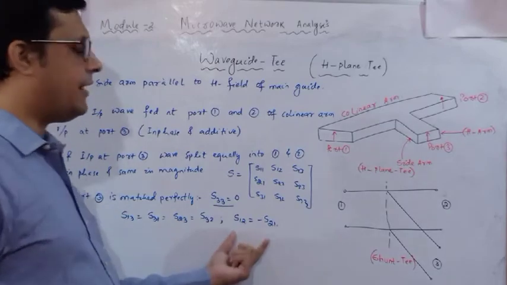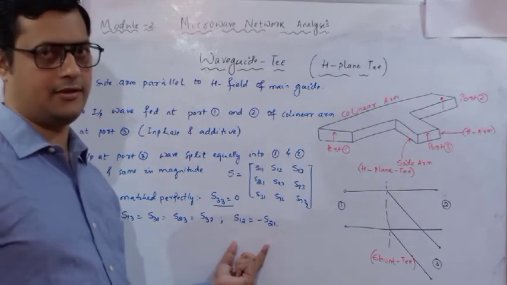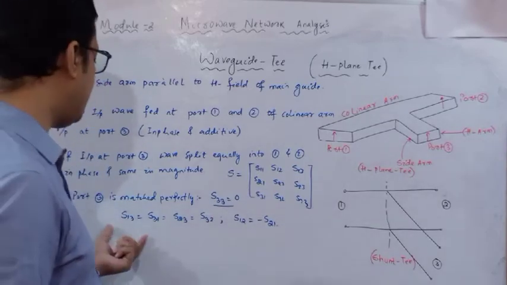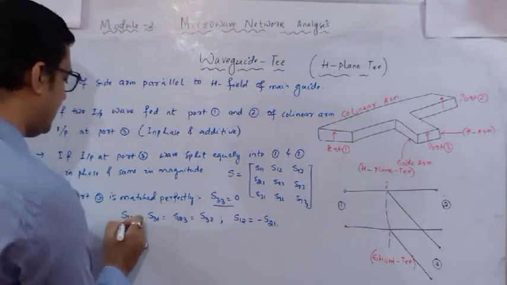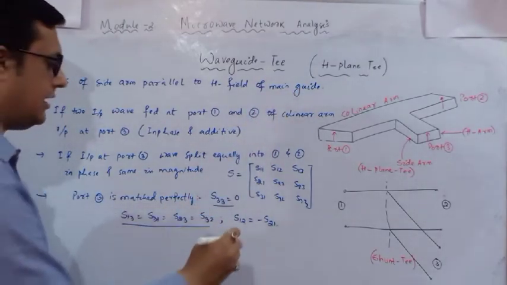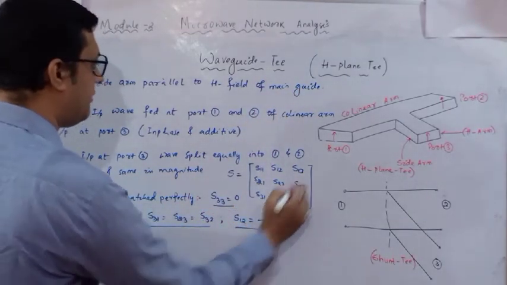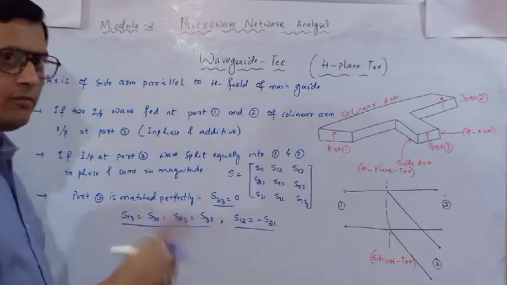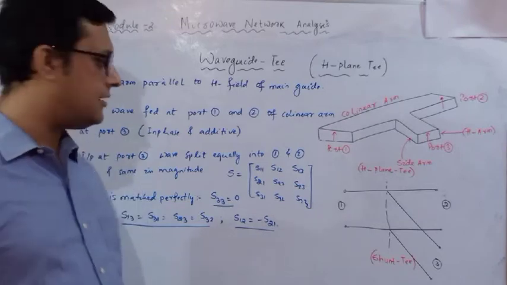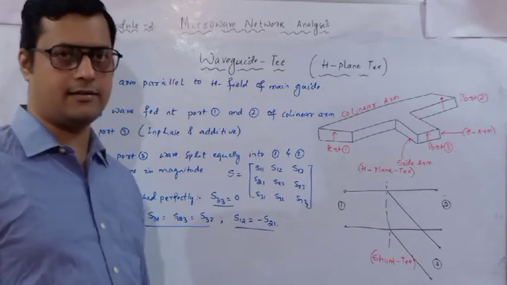These are negative and these are positive with each other. We have already discussed that in the previous class. So the same power is available in port 1 and port 2 with respect to port 3, and the relationship between port 1 and port 2 is opposite in phase. Magnitude will be the same but opposite in phase. So S12 is equal to minus S21.